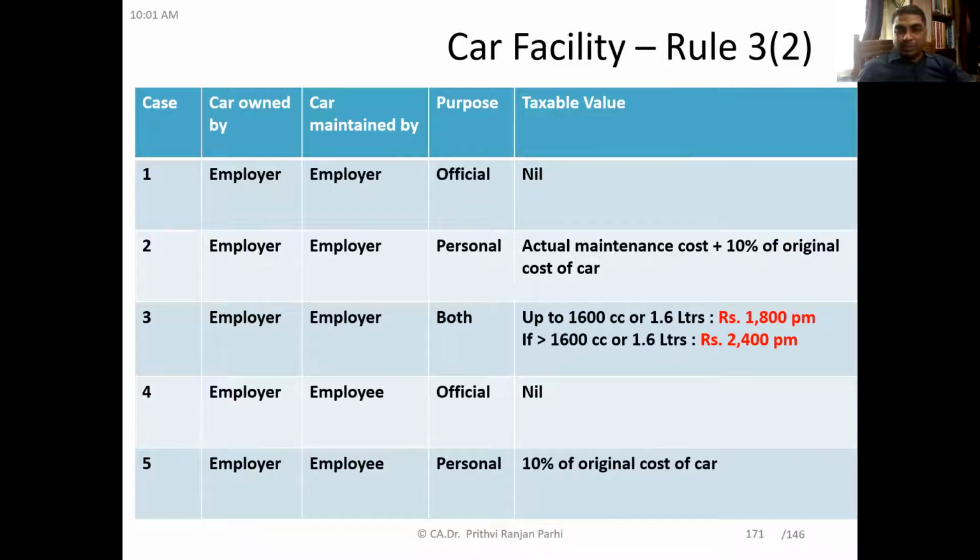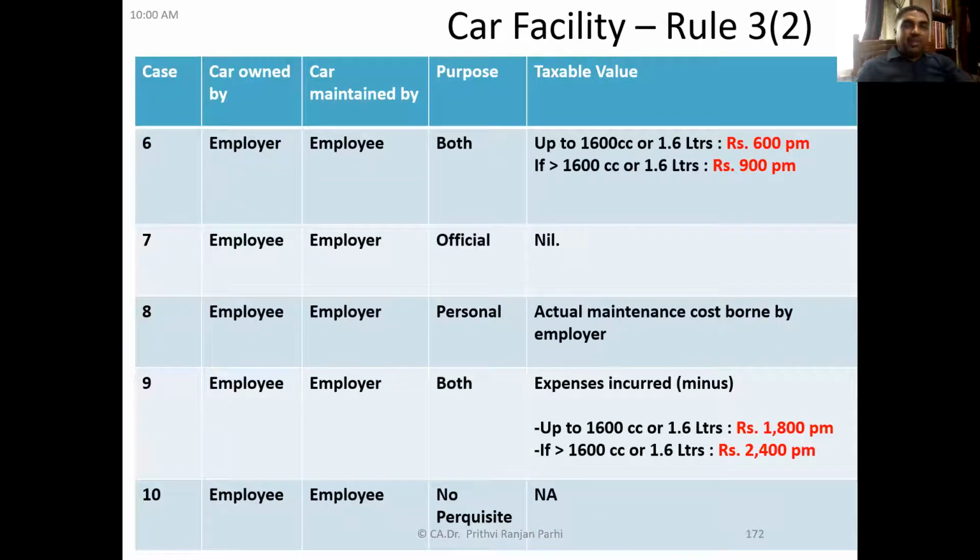Since employee is maintaining, maintenance cost will not be included as perquisite because employee is paying from his own pocket. But for use of the car, which is owned by the employer, 10% of the original cost of the car shall be taken as taxable value. Understood?